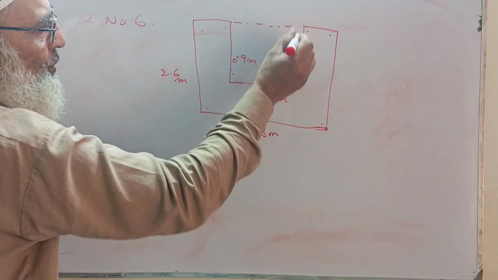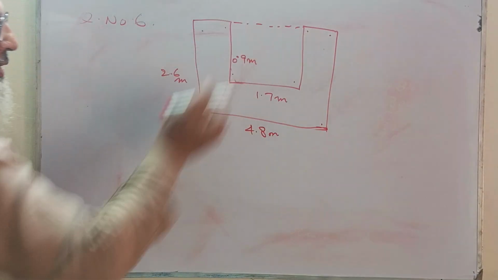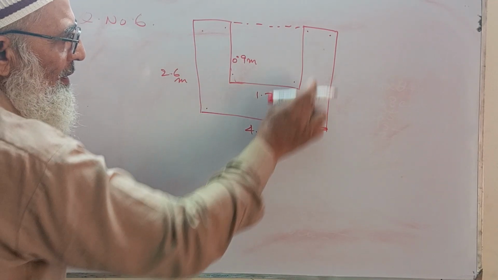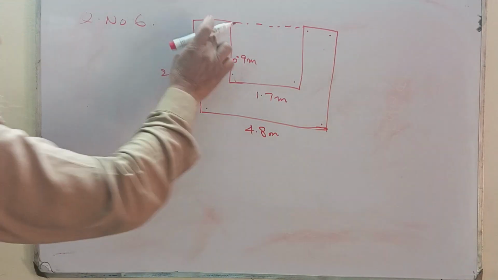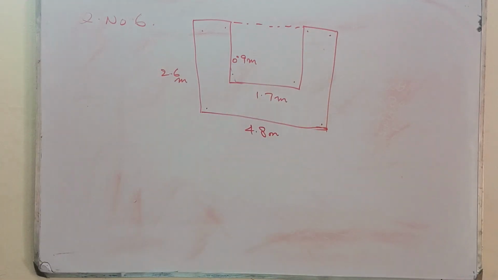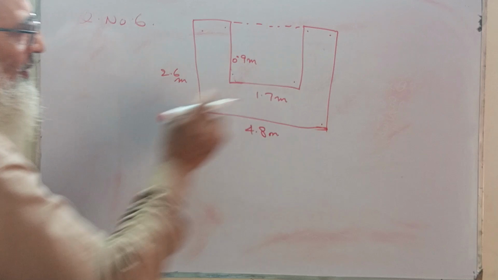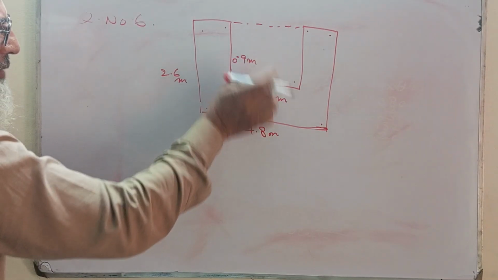Consider that this is the whole. Now this is a cutout, because this is a pavement, and we have to fix the tiles in this. Now this is 2.6. This is 4.8.